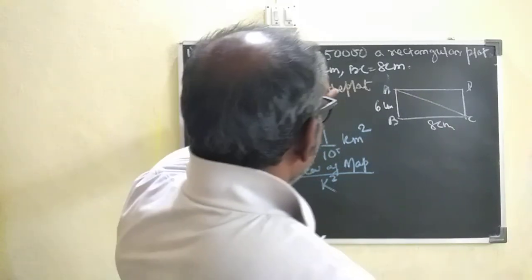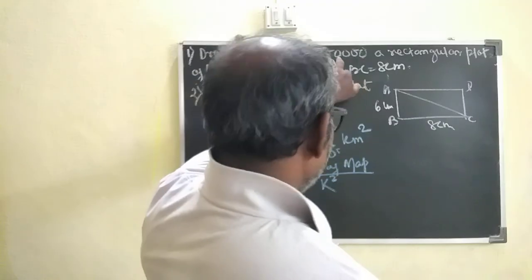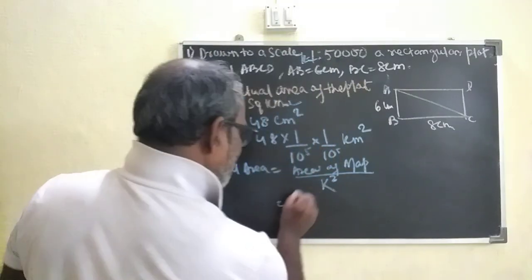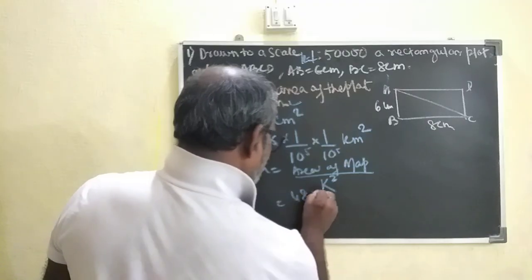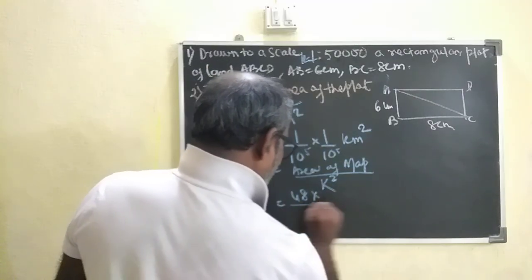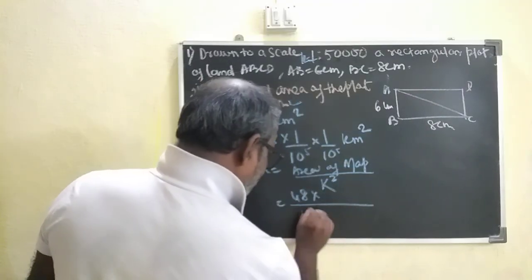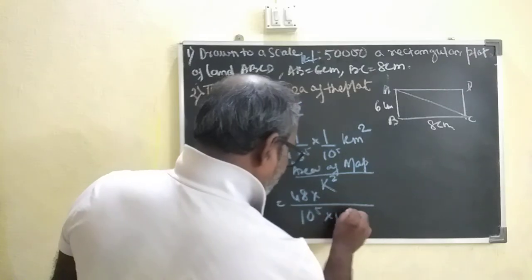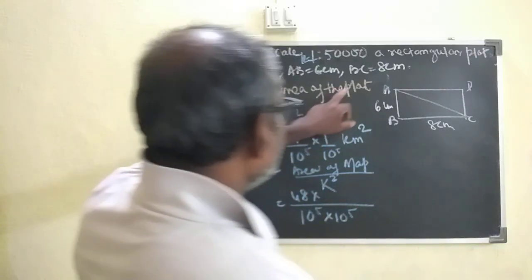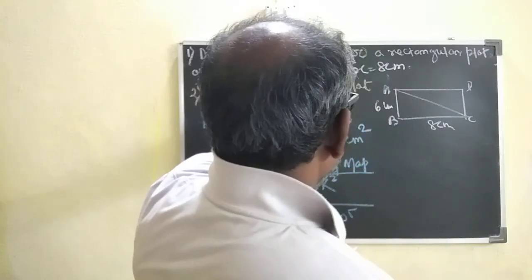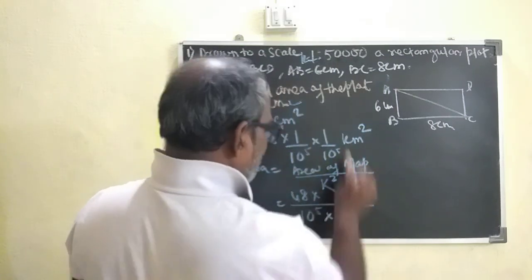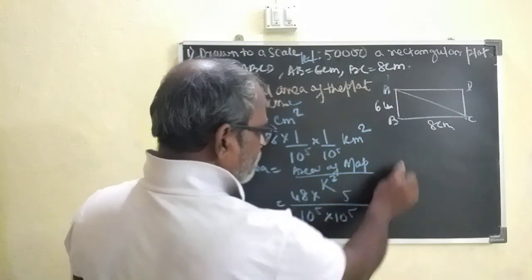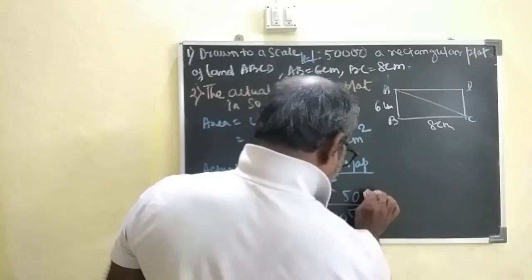Here K is 1 is to 50,000, so for the area of the map we can write 48 into 10 to the power of minus 5 into 10 to the power of minus 5. Here the scale factor is squared, K square, so it goes up. 1 by K, 1 by 50,000 means 50,000 goes upside.